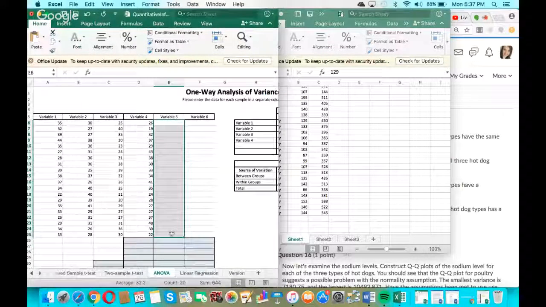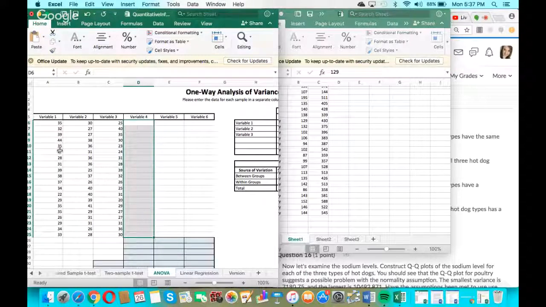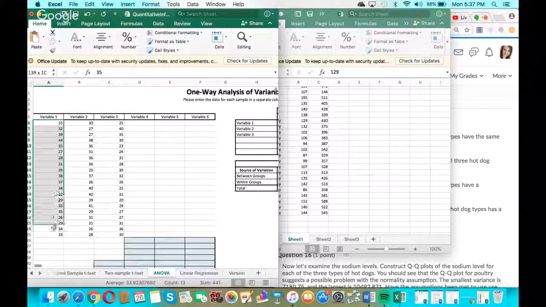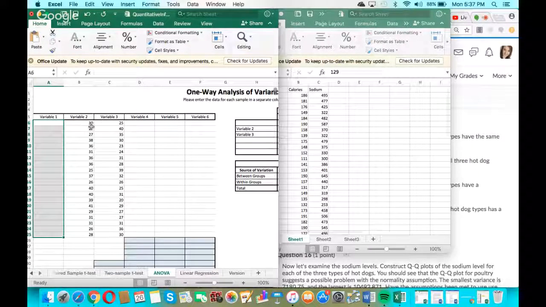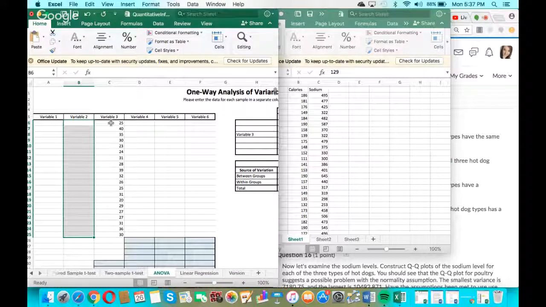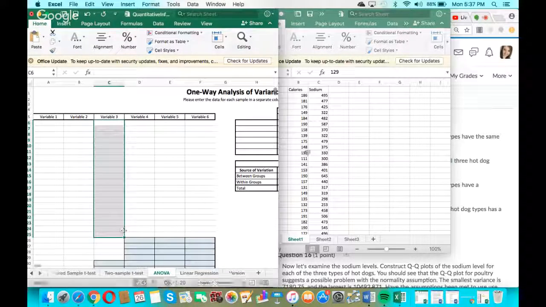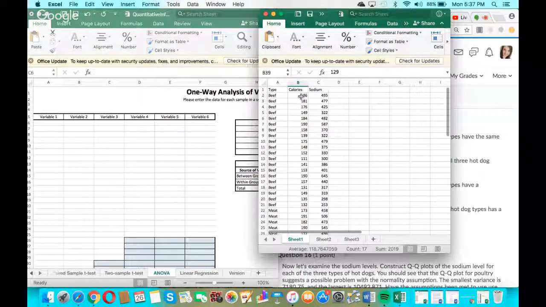We only have 3 this time. For the calories, right?